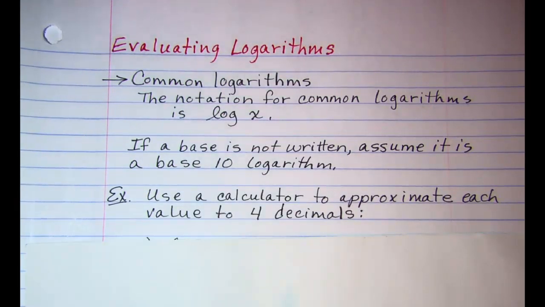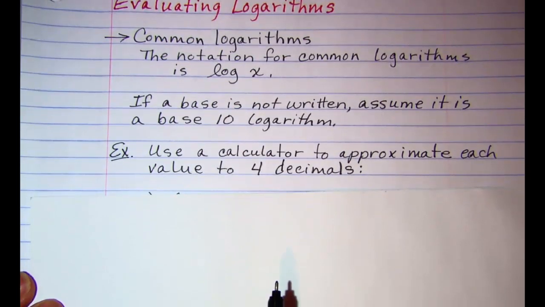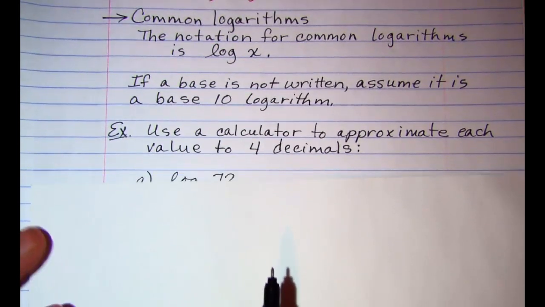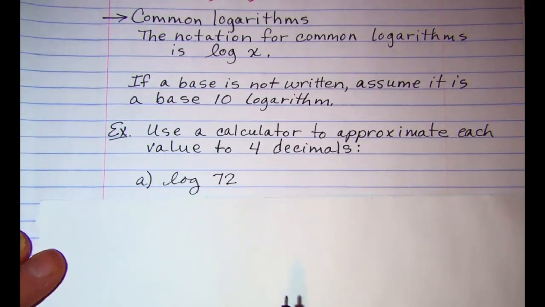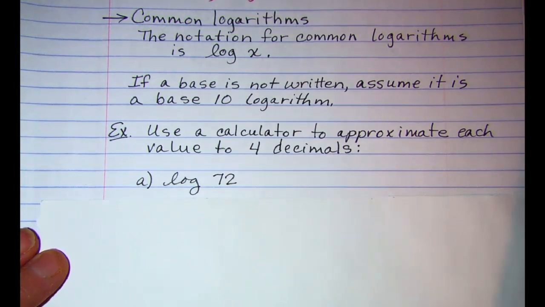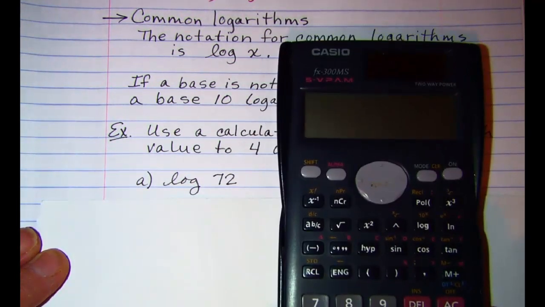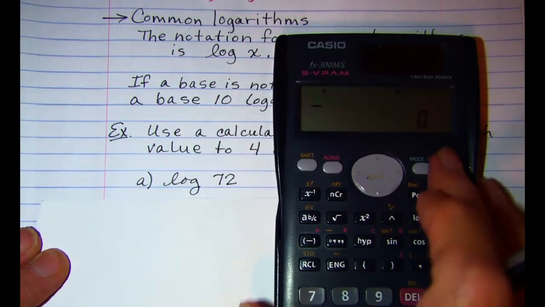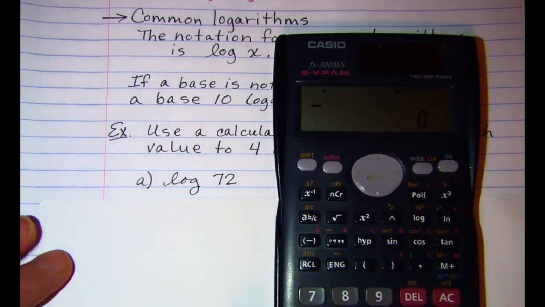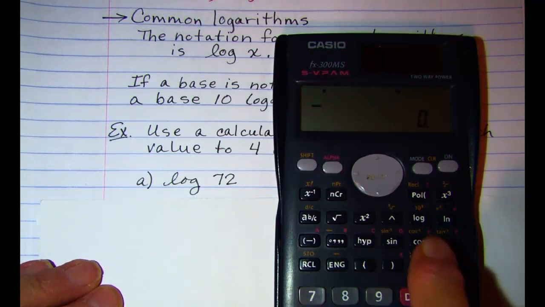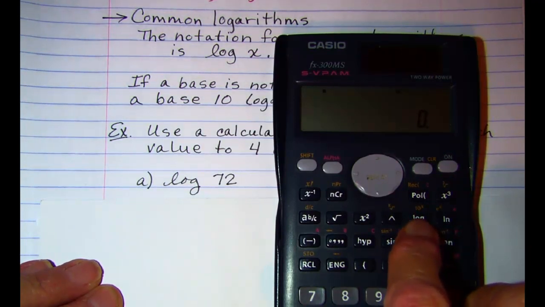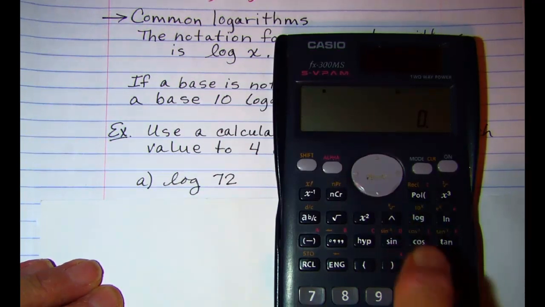We're asked to use a calculator to approximate each value to 4 decimal places. Let's look at this calculator first. For a common logarithm, we will be using the button that says log.